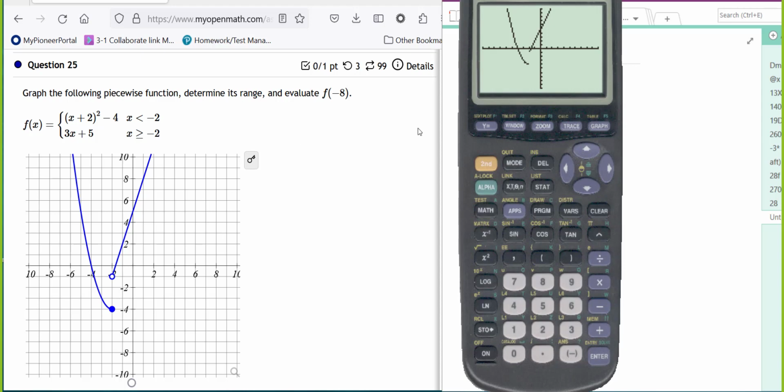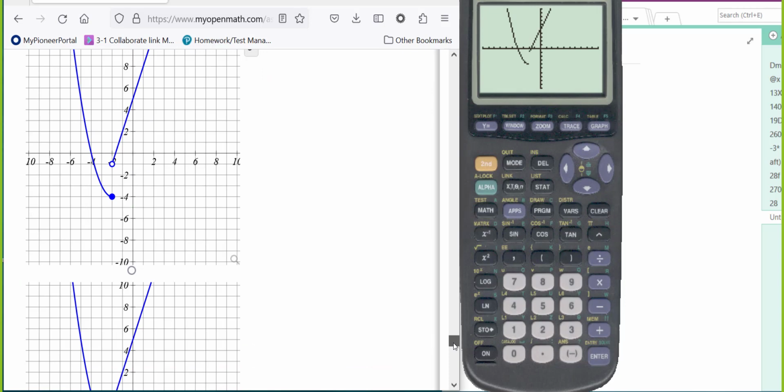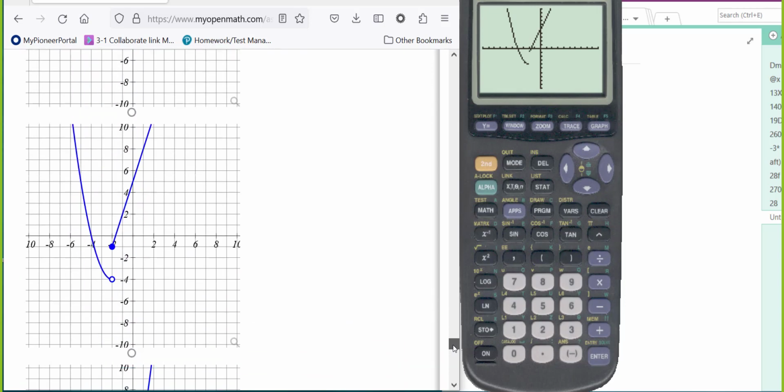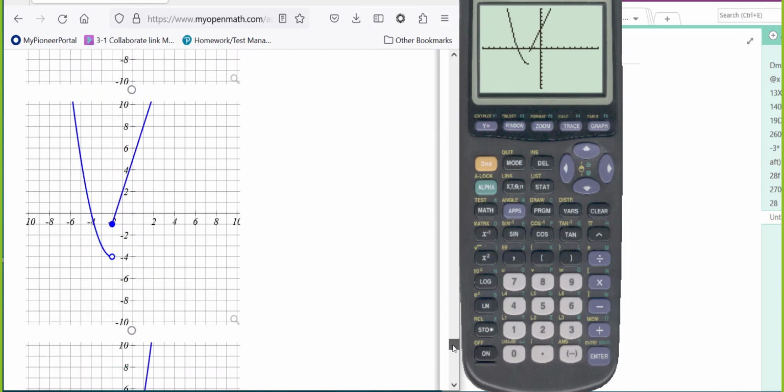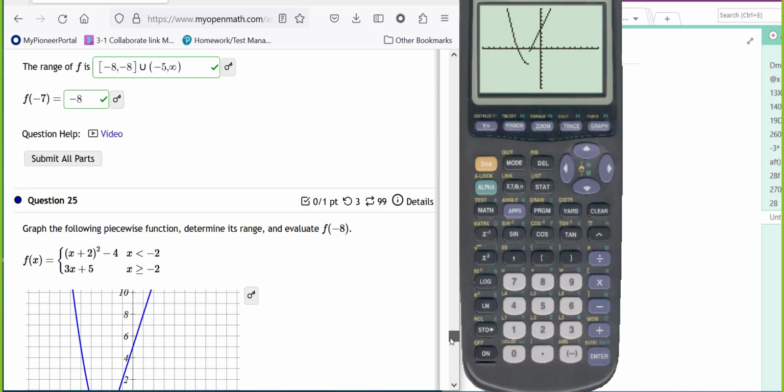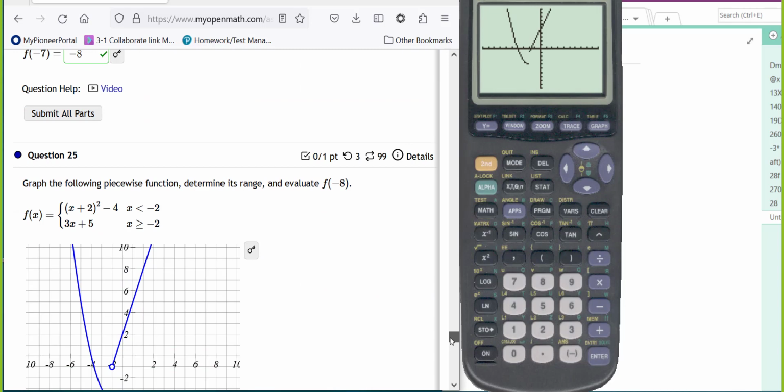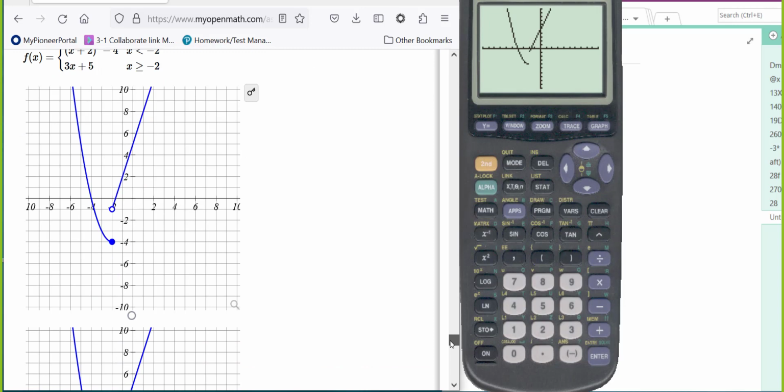So it is not this first choice, but I had to look back algebraically to see that. All right, and we said the parabola gets an open circle and the line gets a solid circle. So that second choice looks pretty good. We'll keep that one in mind.